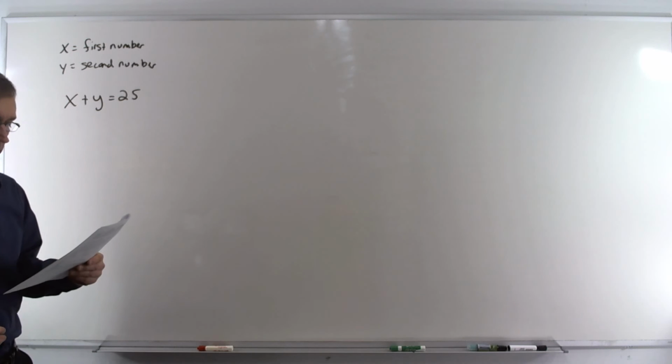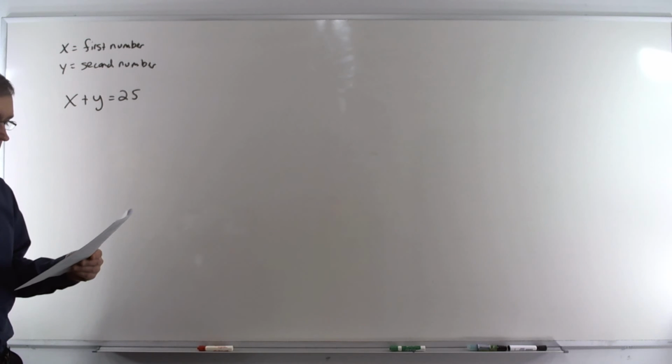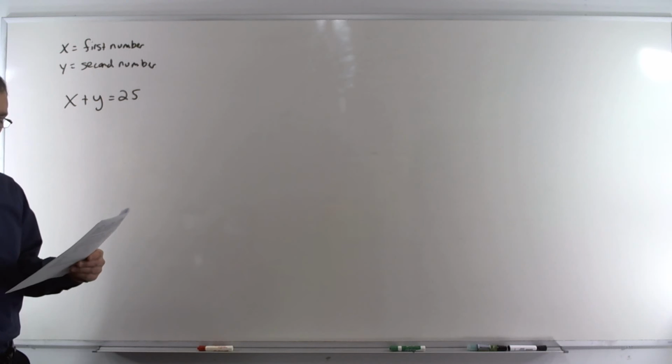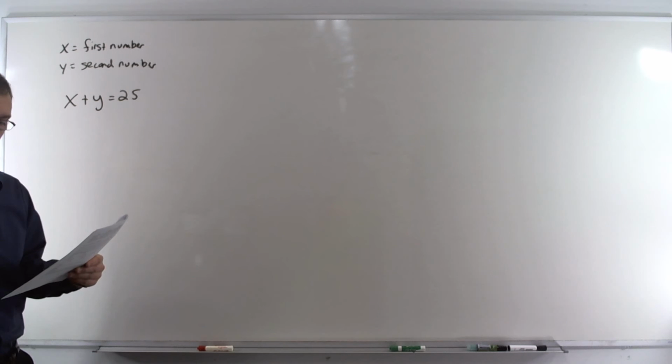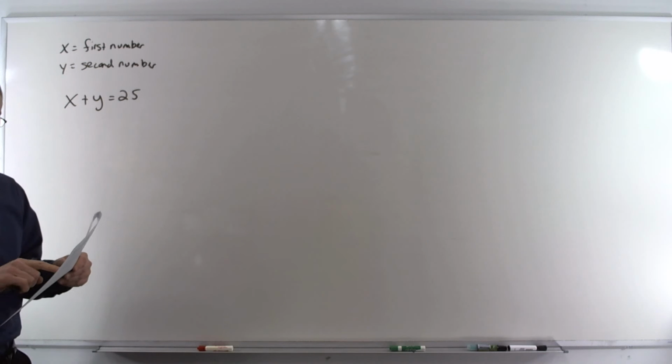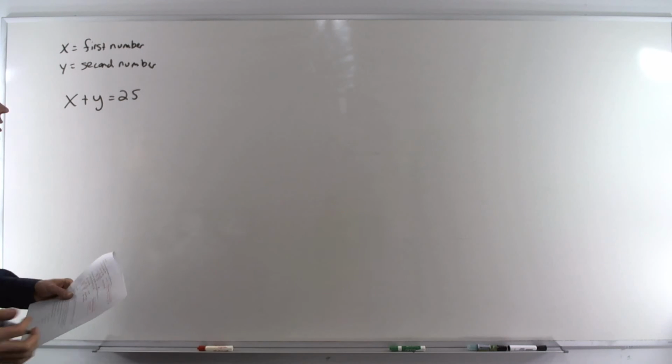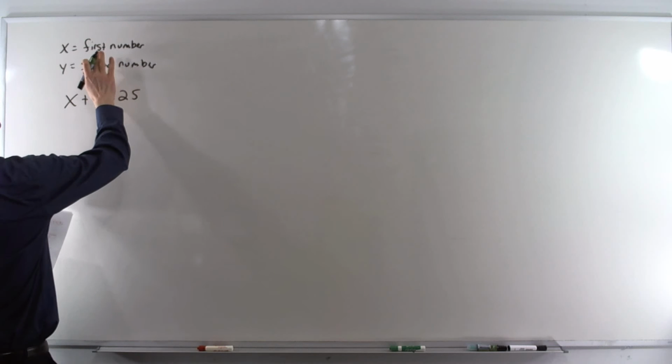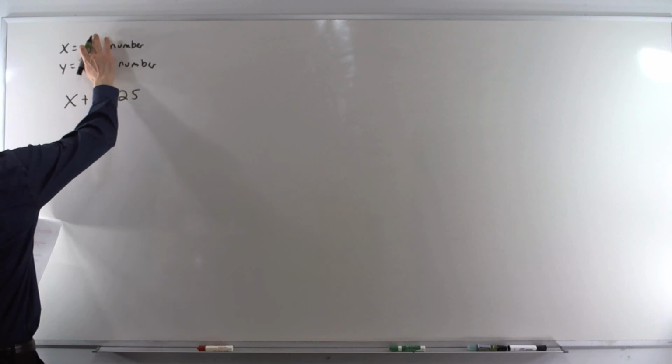And now we're given the relationship between the two. The total of 4 times the smaller number and 2. So let's translate that. 4 times the smaller number, that's 4. And let's call x the smaller number.